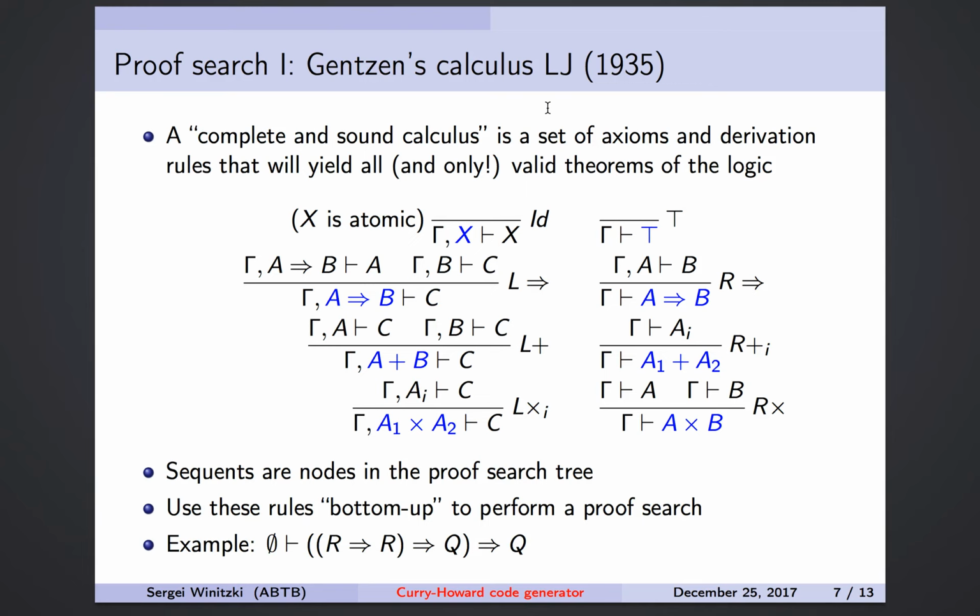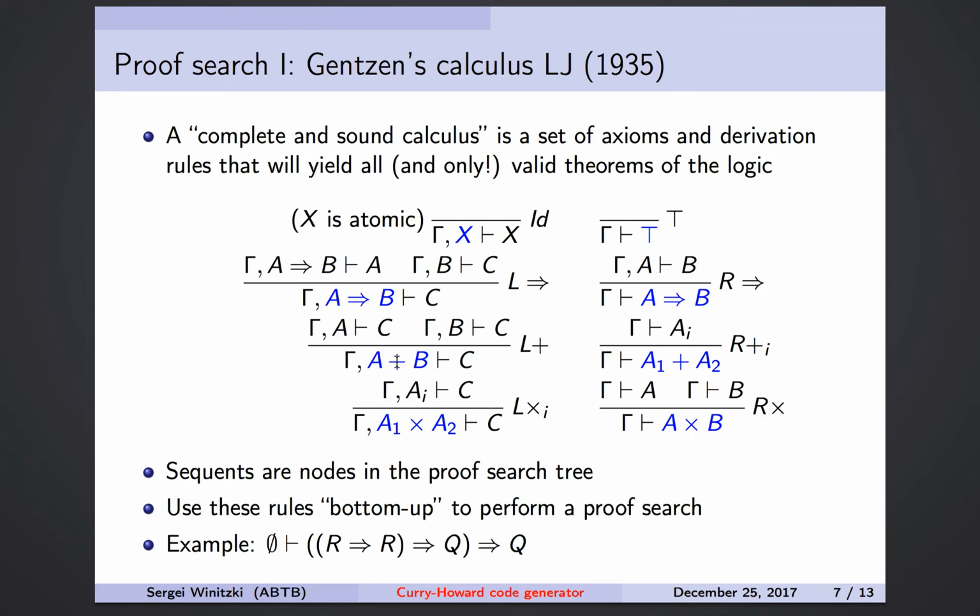And the first scientist or mathematician who studied this logic and got some algorithmic results was Gerhard Gentzen, who published in 1935 the rules that I'm going to explain here.